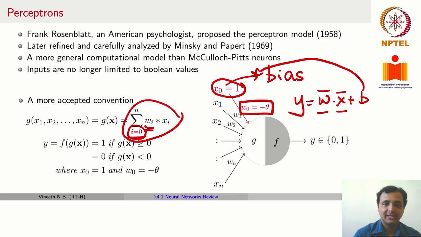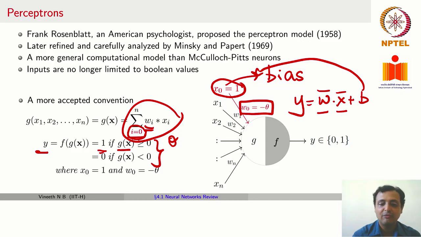The reason we do it is now your output y, which is f of g of x, will be 1 when g of x is simply greater than or equal to 0, and 0 if g of x is less than 0. Earlier, instead of 0, we had theta, which was the threshold. We are now subsuming that on the left hand side of that equation.